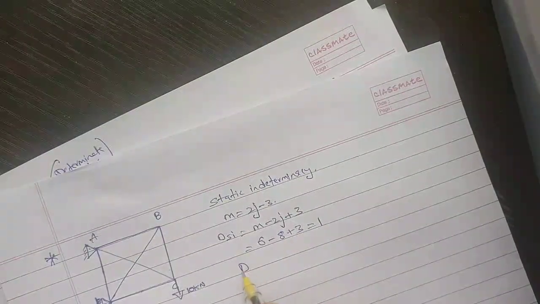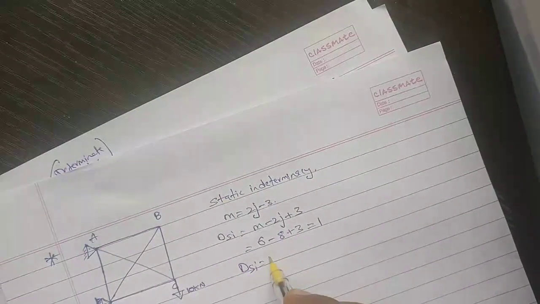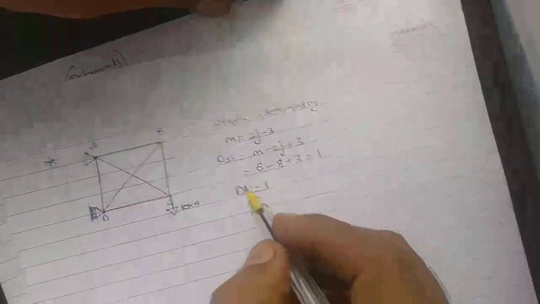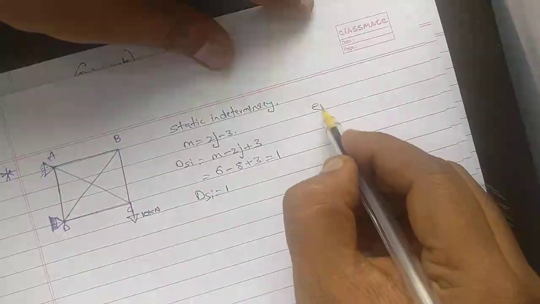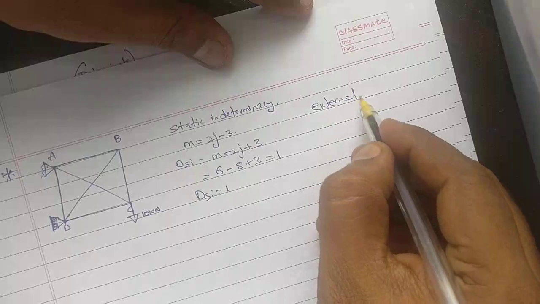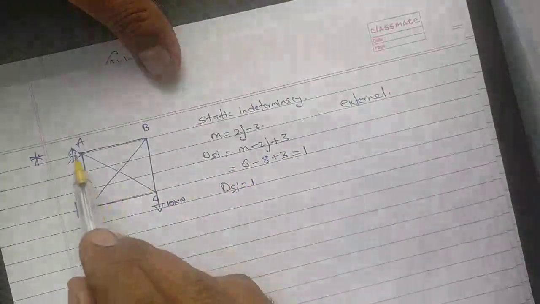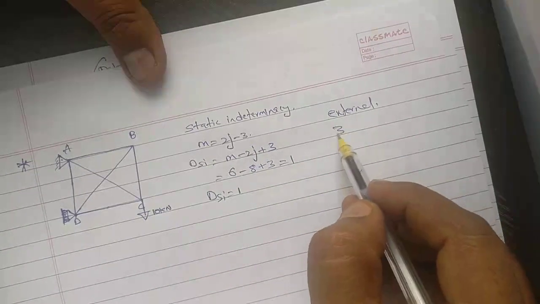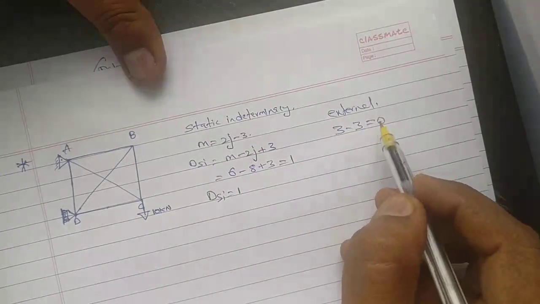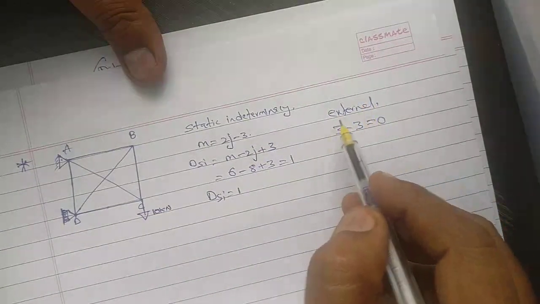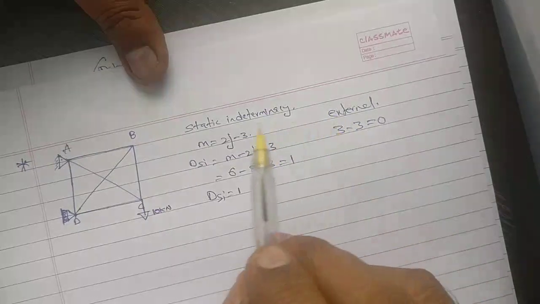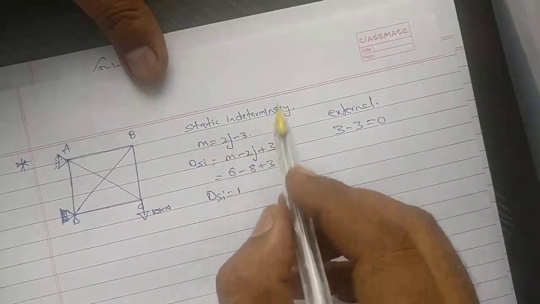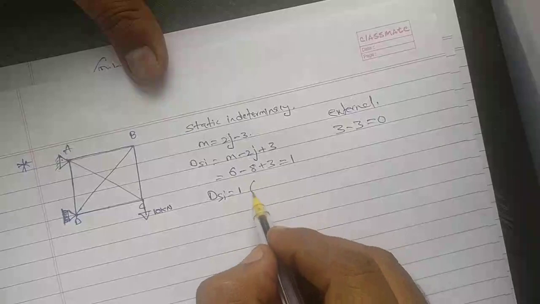Your internal DSI is equal to 1. External, you have two reactions here, one reaction here, so 3 minus 3 will become 0. So externally we don't have indeterminacy. Indeterminacy is because of internal only.